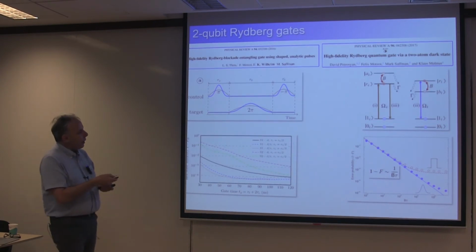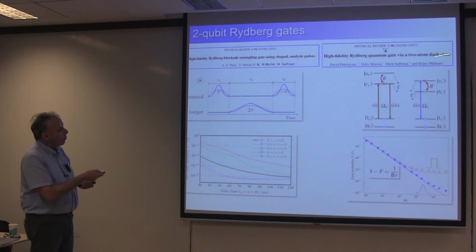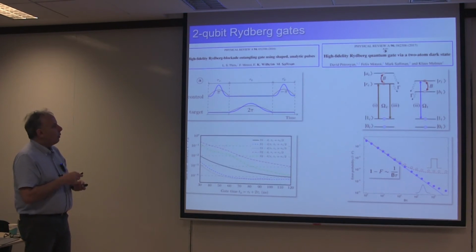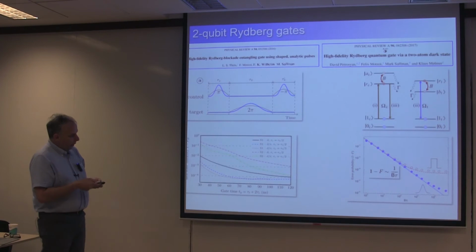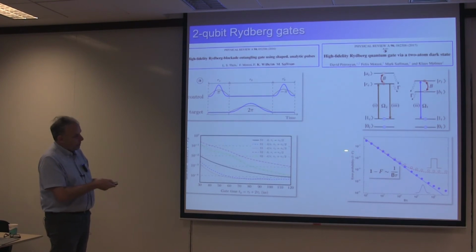Here's another recent gate idea, a collaboration with the Mølmer group in Denmark, where it uses a dark state mechanism of 2 atoms. So there are 2 simultaneously excited atoms in this gate protocol. And here the error in this gate decreases as 1 over the product of the interaction strength times the Rydberg lifetime, instead of 1 over the product to the 2/3 power.